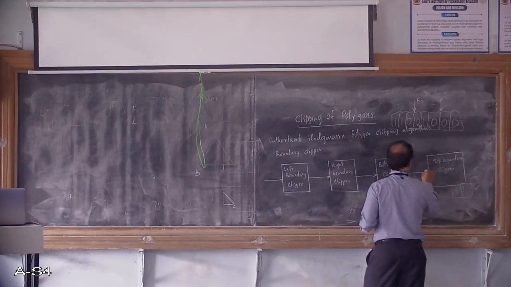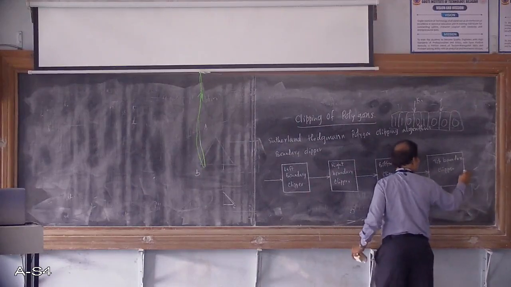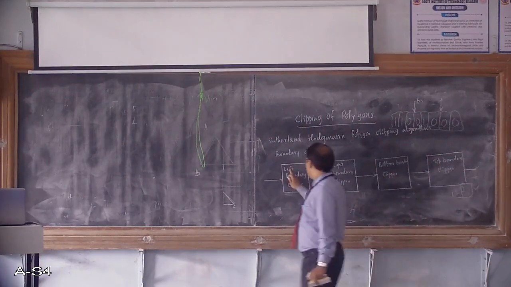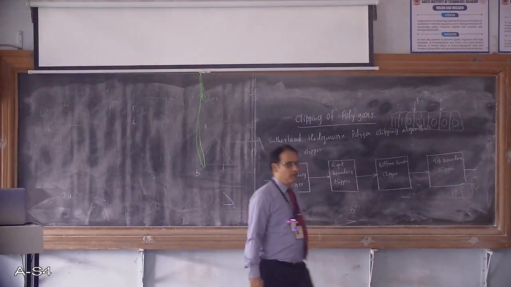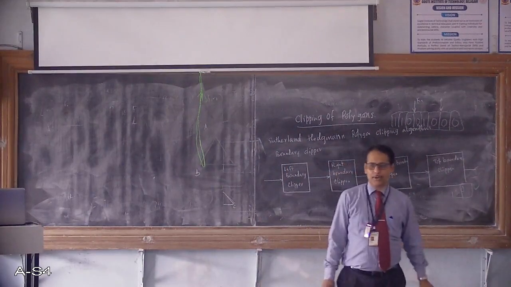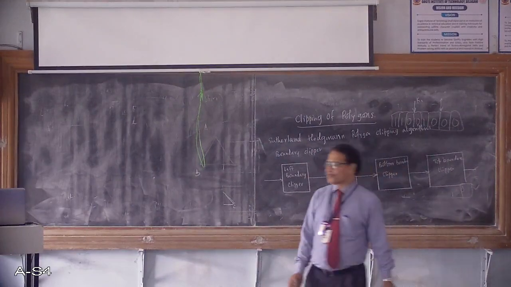So the pipeline consists of 4 blocks: left boundary clipper, right boundary clipper, bottom boundary clipper, top boundary clipper, corresponding to the 4 boundaries of the clipping window.